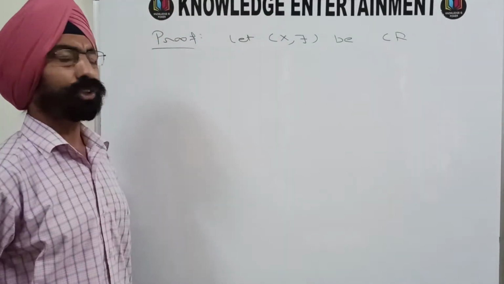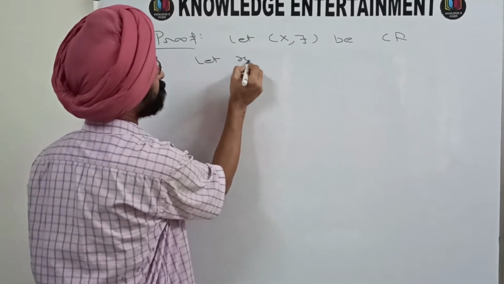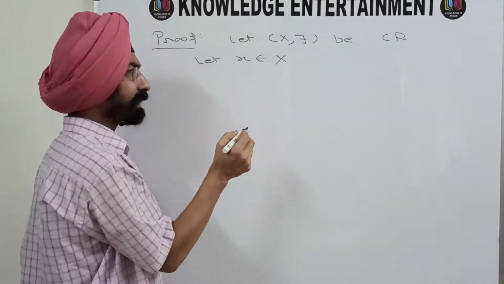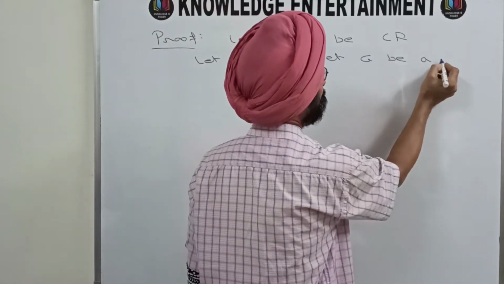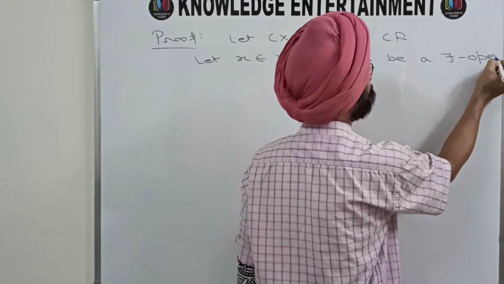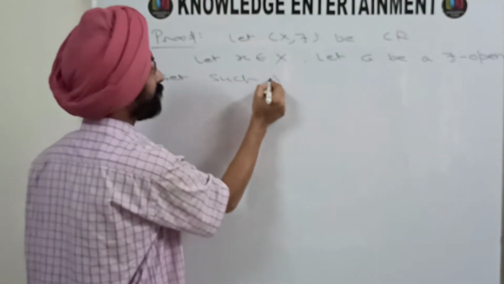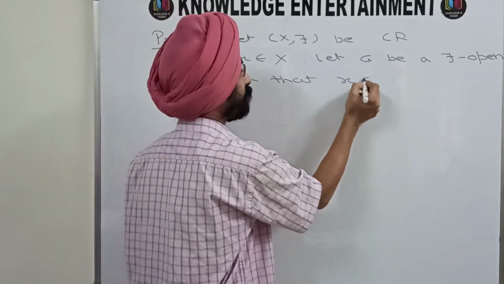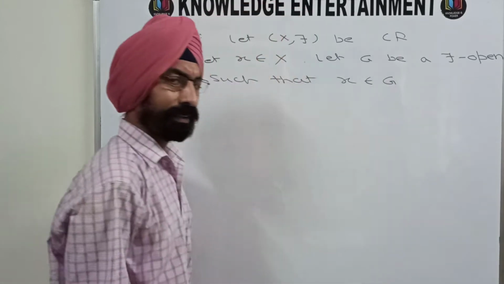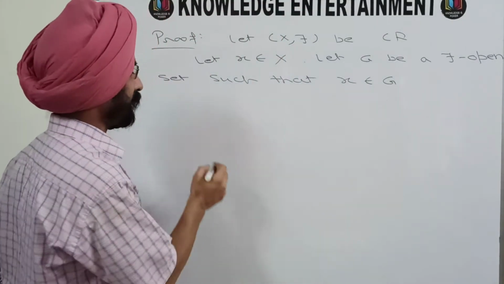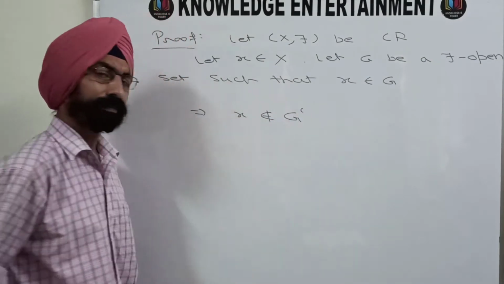We have taken (X, τ) to be completely regular, and let x be a point of X. Let G be a τ-open set such that x belongs to G. Since x belongs to G, this means x does not belong to G complement.